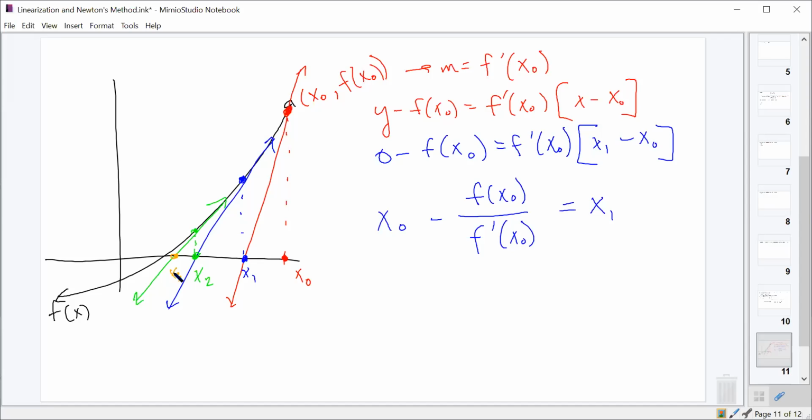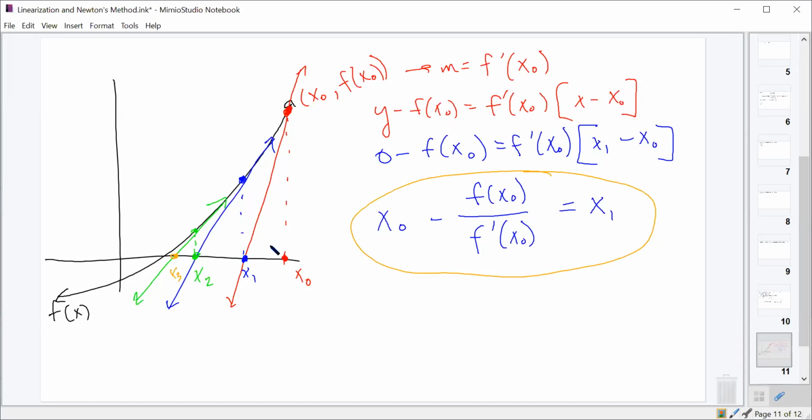It's pretty impressive. It's one of the coolest things, I think, that Newton ever did, really. And we'll note that this formula right here, x naught minus f of x naught over f prime of x naught equals x1, is pretty straightforward to solve. All you need to know is a guess, a number, right? You need to know the function and you need to be able to take its derivative, and you should be able to find the next intercept.